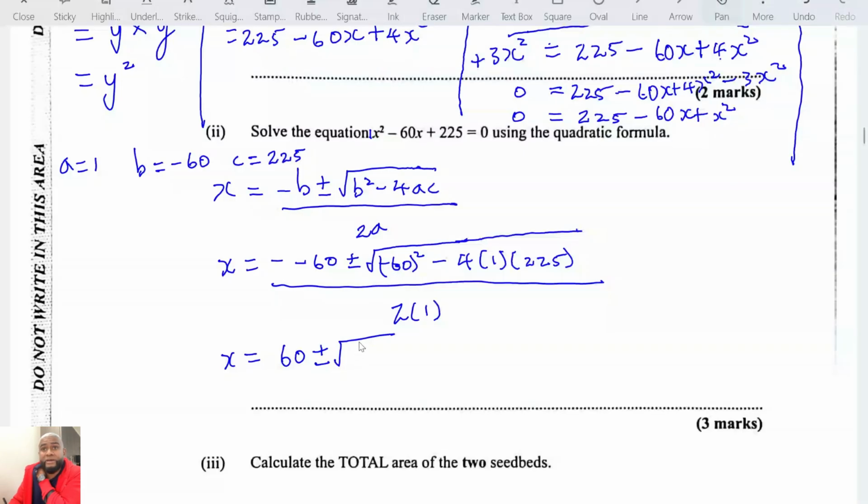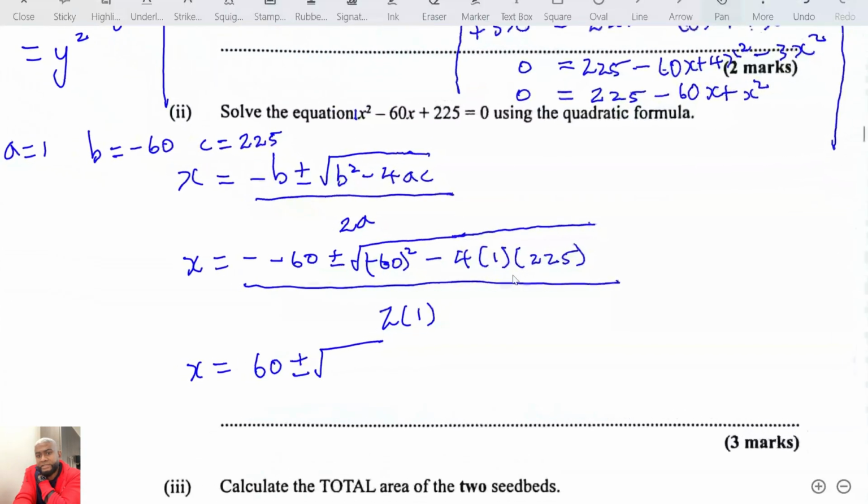Negative 60 squared. Where you get? 3,600 minus 4 multiplied by 225. Where you get there? Everybody online got it? Rihanna, what you get in here?